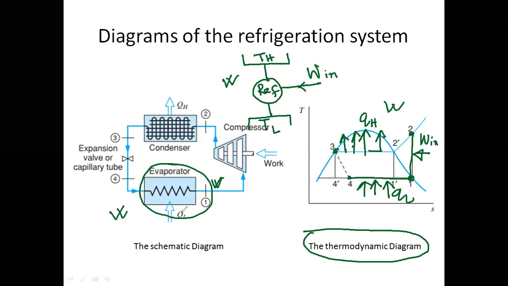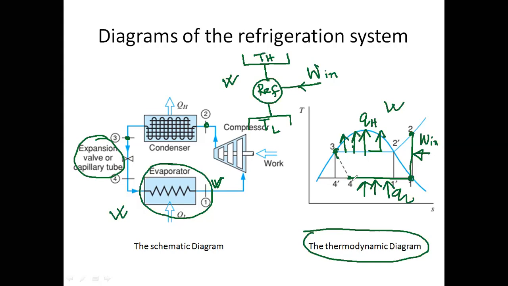So this is the evaporator, this is the compressor, this is the condenser from 2 to 3, and from 3 to 4 the objective is to drop the pressure from condenser pressure to the evaporator pressure, that is done by the expansion valve or the capillary tube. So these are the four components of the refrigeration system and corresponding TS diagram.